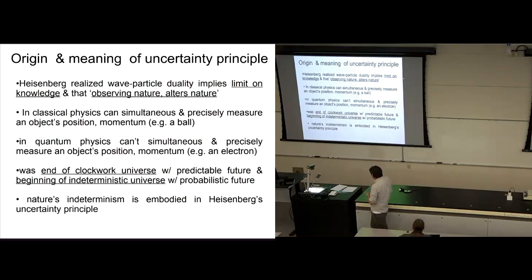As I say, this change from determinism to indeterminism is embodied by, is sort of characterized by what's called the Heisenberg uncertainty principle. So I want to introduce the Heisenberg uncertainty principle.